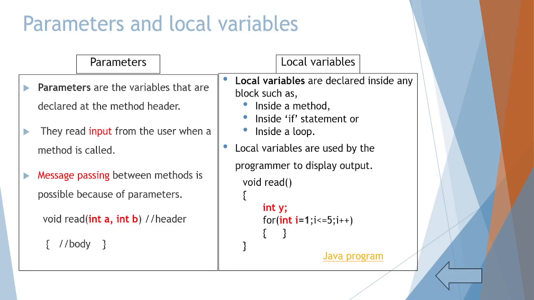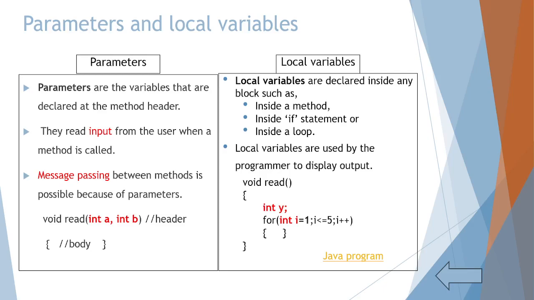And inside the curly braces, whatever you write is known as the body of the method. So at the method header, if you declare any variable, then it is known as a parameter. Those parameters can be used in two different ways. One is to take input. Input can be taken using the Scanner class also. We will discuss this a little later on.